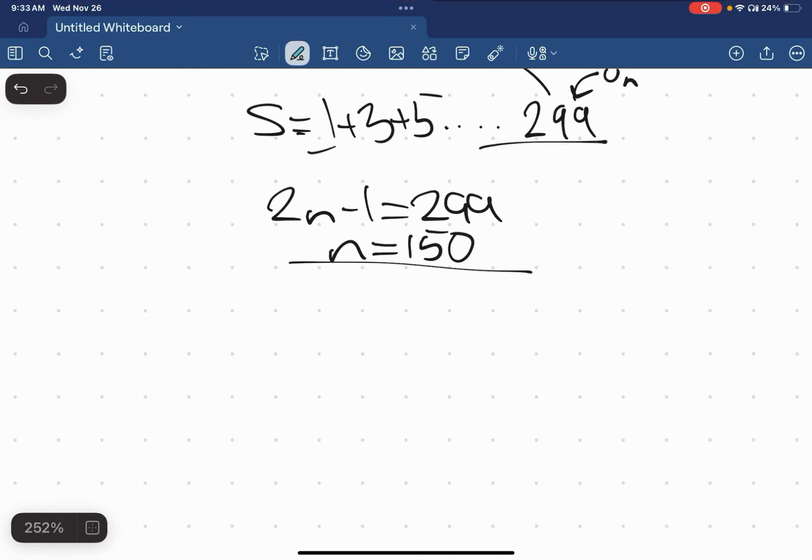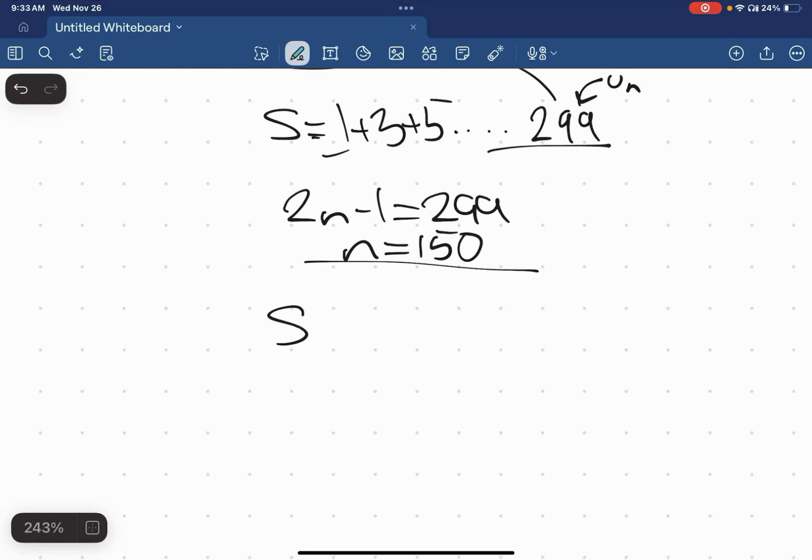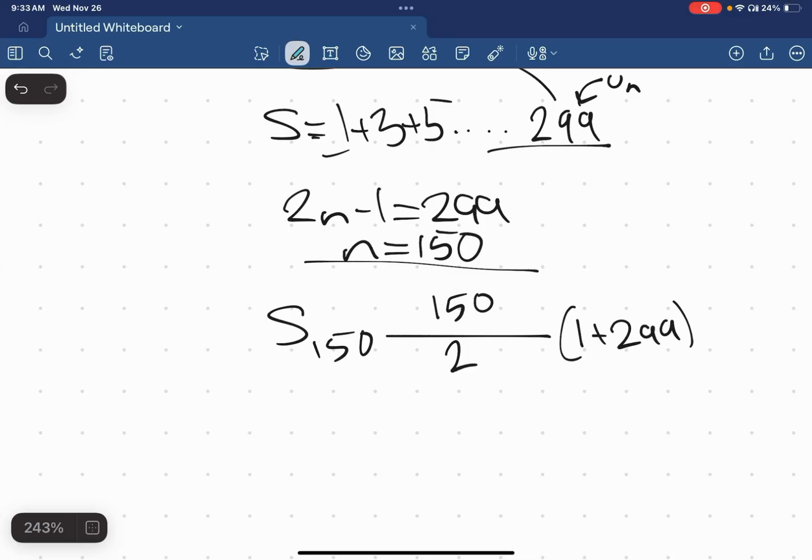So let's go ahead and calculate using our formula right here. Summation of 150 terms is going to be equal to 150 divided by 2 times our first odd number plus our last odd number, which then equals 22,500. And there we go.